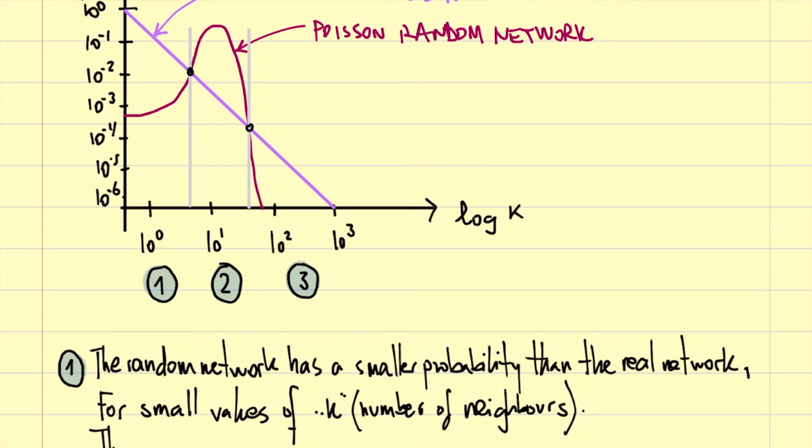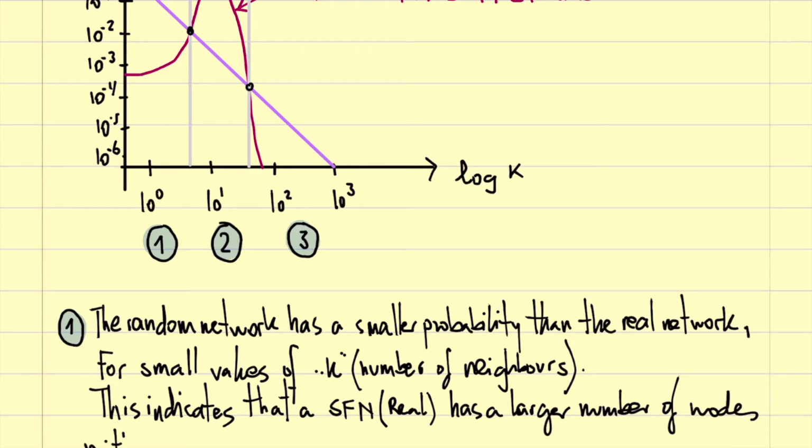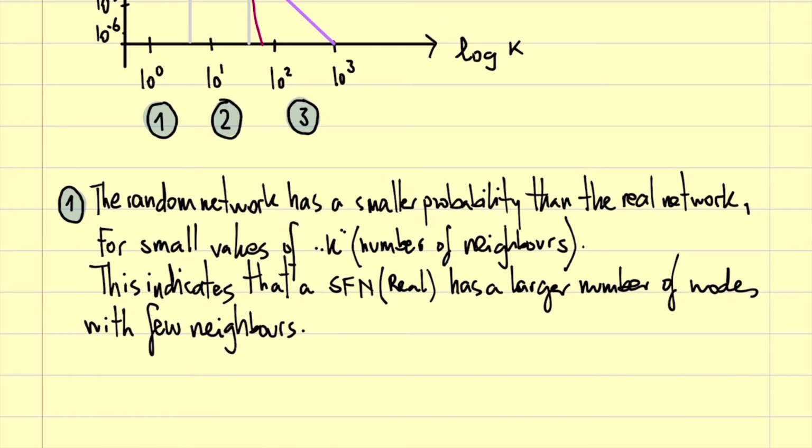This indicates that a real scale-free network has a larger number of nodes with few neighbors.